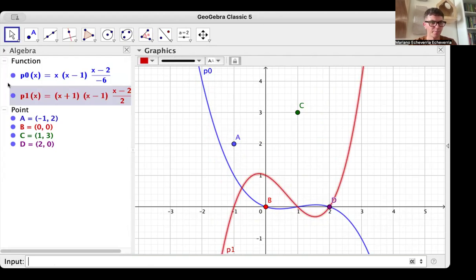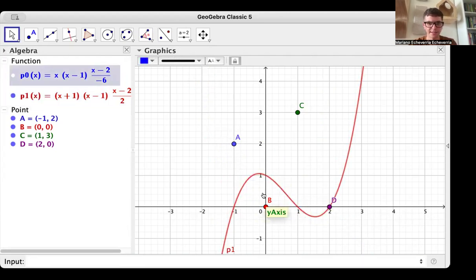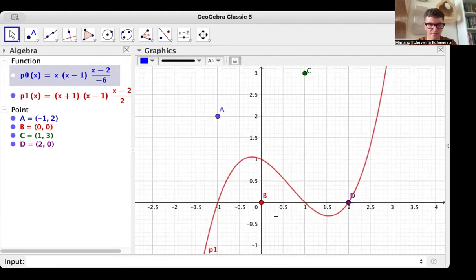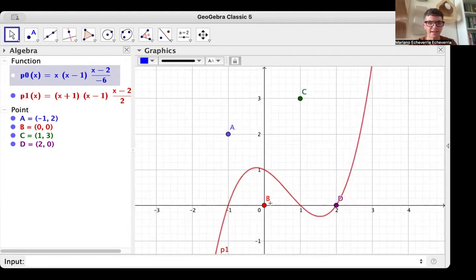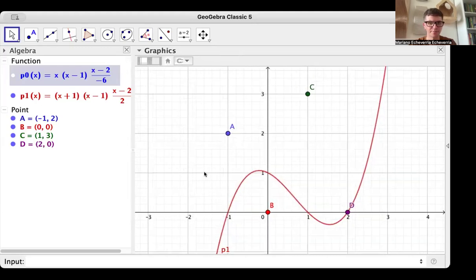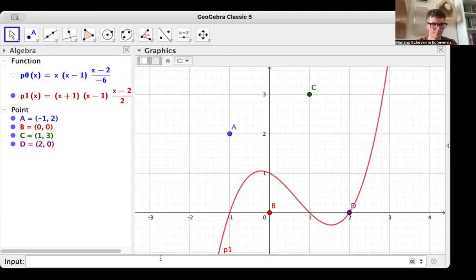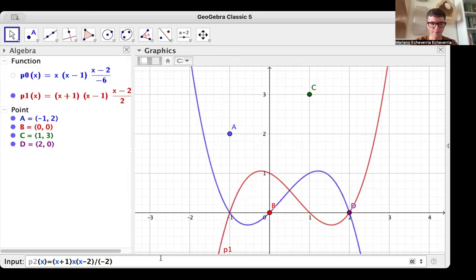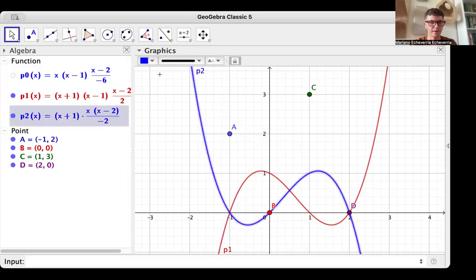So the value is 1 precisely at the x value for B, and at the other x values it is 0. The other ones go similarly. So P2 of x would be x plus 1 times x minus 2 divided by -2. This one should be green.